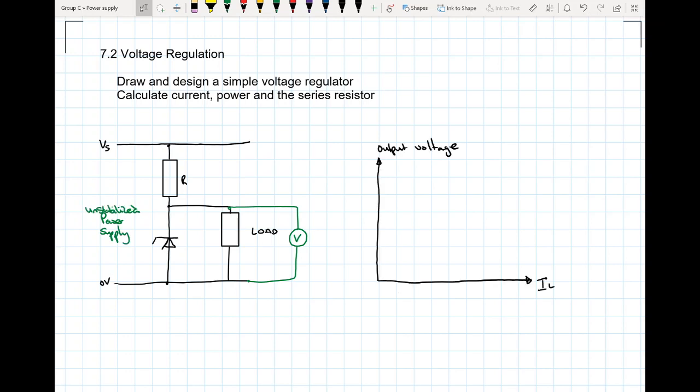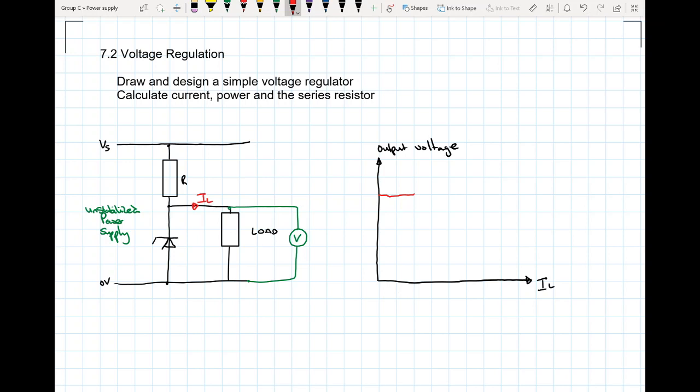So if we draw a graph of the current flowing through the load against the output voltage, the output voltage is going to be whatever the Zener diode value is. If this is a 5 volt Zener diode, then our output voltage will be 5 volts and we'll maintain a rock steady 5 volts.